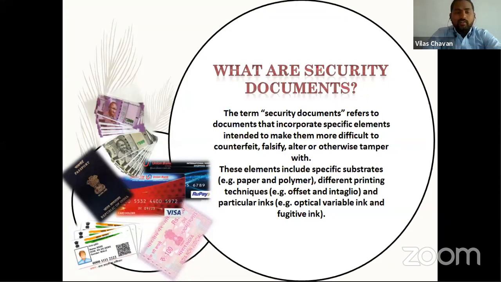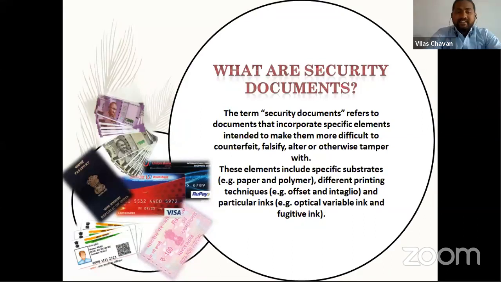What sets security paper apart from regular is the secret and unique recipe of raw material, obscure physical dimensions, integrated secret and security fiber. So hold on to the definition of security documents.